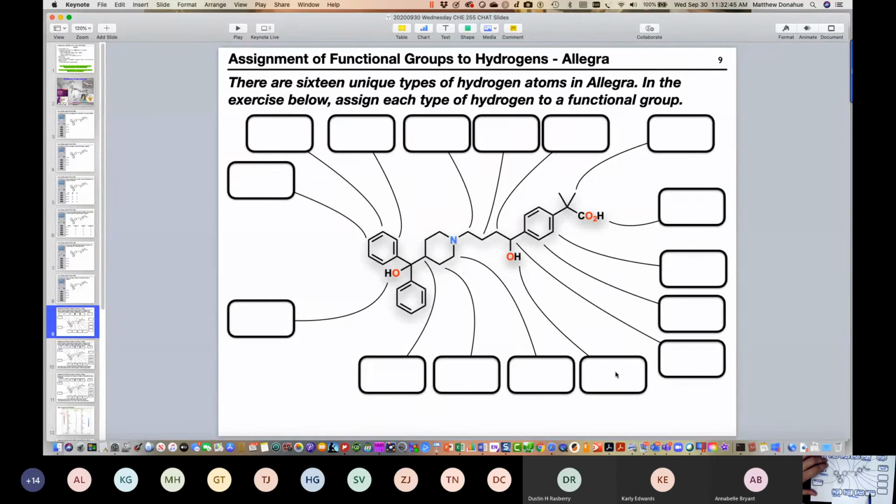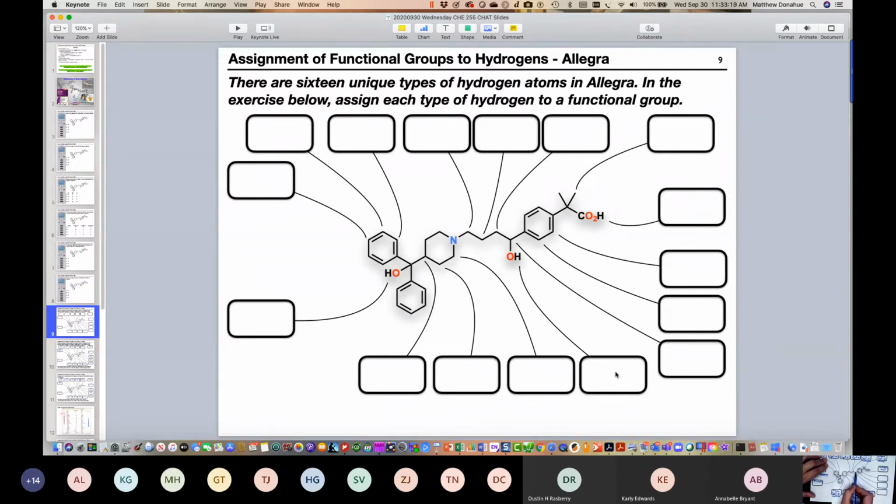So where do we get this secondary from? Look at the carbon bearing the OH group. It has 1, 2 carbon groups. So 1, 2, that means it's secondary. Over here, we said this one was tertiary. It has 1, 2, 3 carbon groups. So that's tertiary alcohol. And now this box here is pointing to this carbon that I just highlighted.